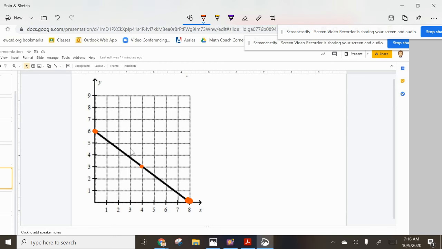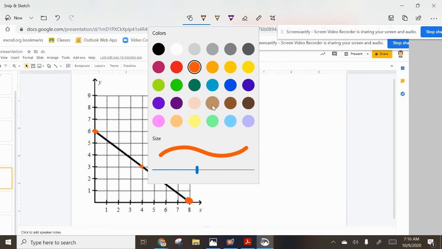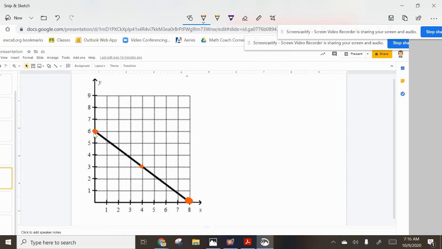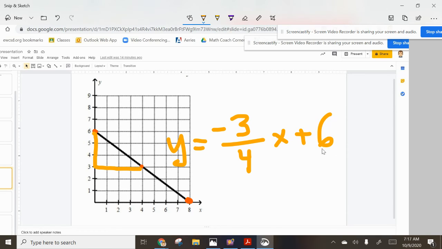But since you found this one, you can use that one. And let's go ahead and find the slope here. I'm going to go down 1, 2, 3, over 1, 2, 3, 4. And then if I had to write the whole equation out, that 6 is right here. All right, let's move on.